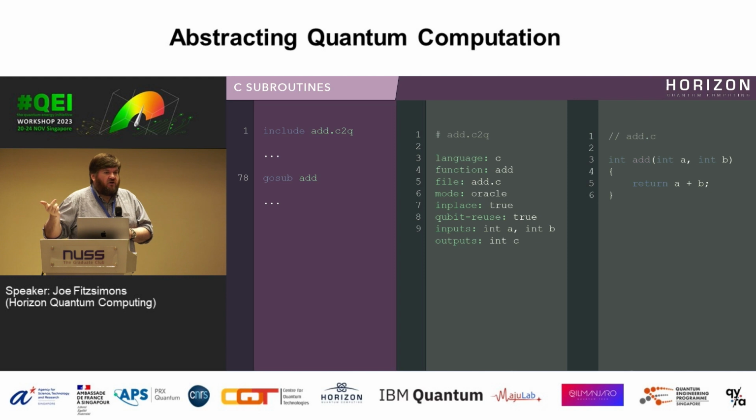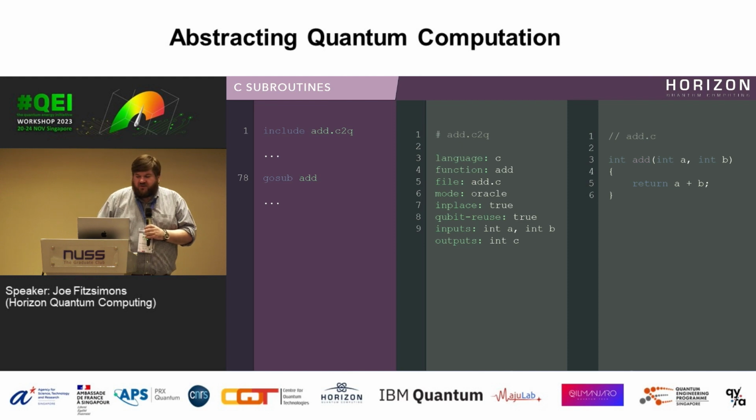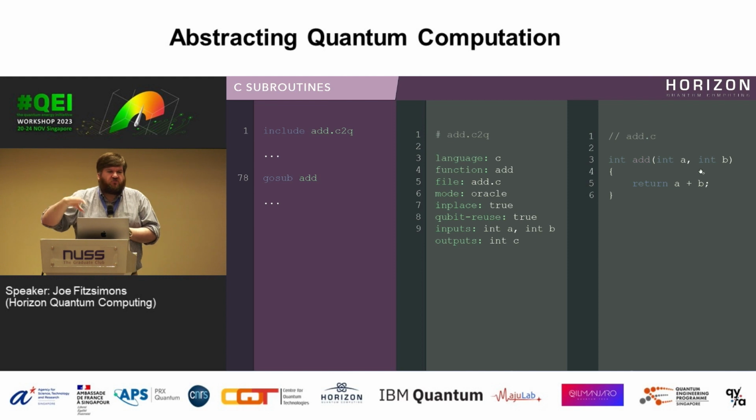The restrictions are that I don't use while loops, that I don't do any OS calls, or else I'm going to have to compile the entire OS along with the subroutine, and that I don't do anything crazy with pointers like trying to access a region of memory that's not defined, because then the code has undefined behavior.